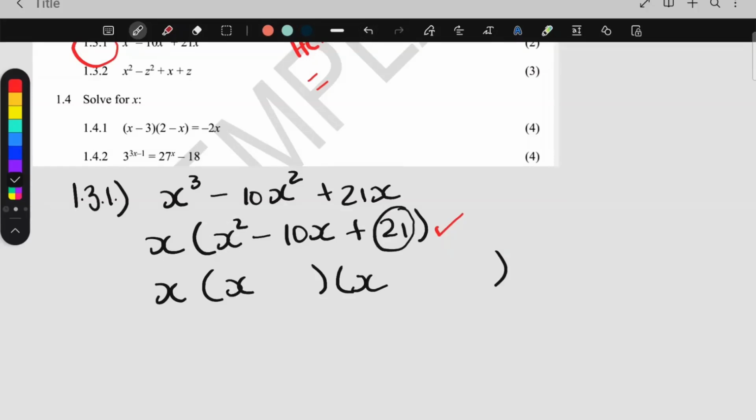And then 21 is 7 times 3. So I can do 7 times 3 because 7 plus 3 will give me 10. So 7 and 3. Then a minus and a plus is a minus and a minus. And that is our second mark. And that's how you would get 2 marks for factorizing that.